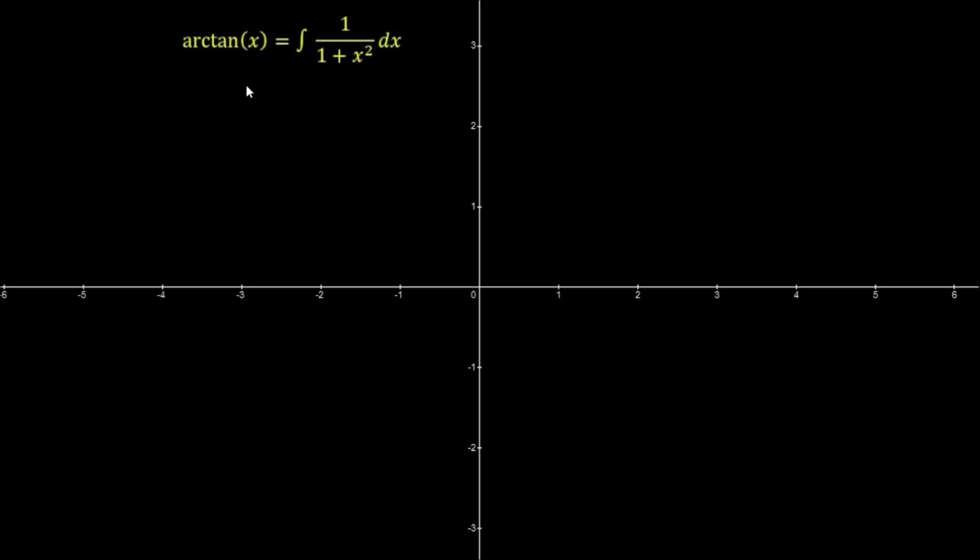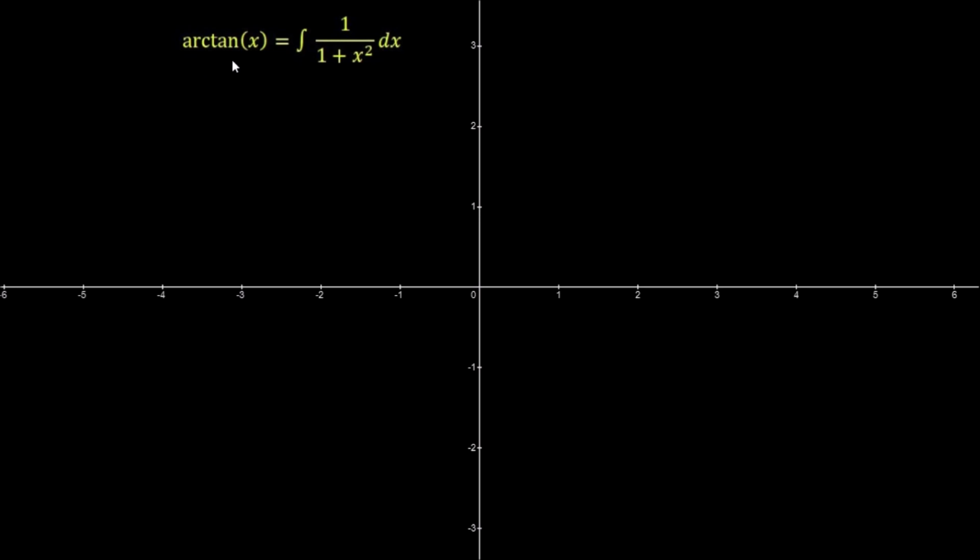Well, we know that the function tan x goes from an angle to a length. So if you were to put in a value for x, which is an angle, then the tan of x would give us a length. Now the inverse function is called the arctan function.